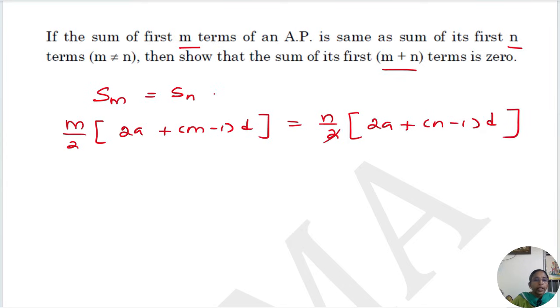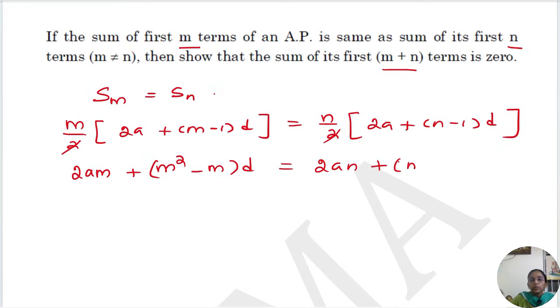Now 2 will get cancelled. Then you can take the m and n inside. So 2am plus (m square minus m) into d, and here again 2an plus (n square minus n) times d.